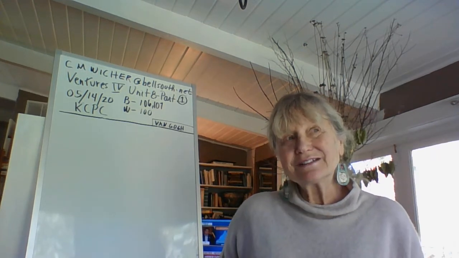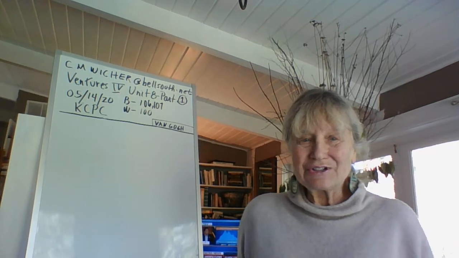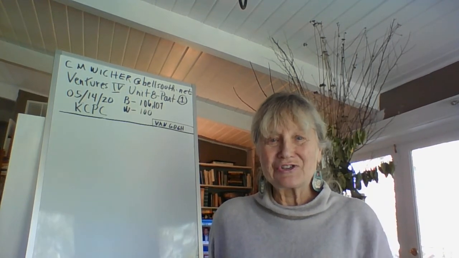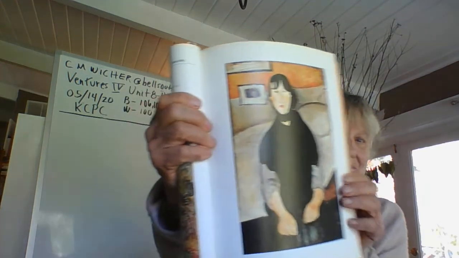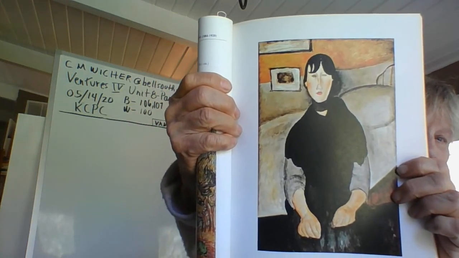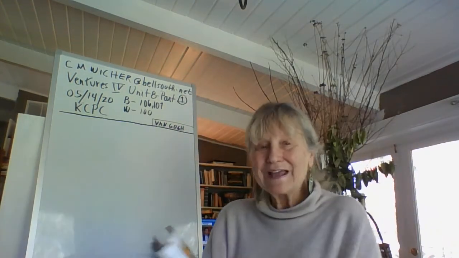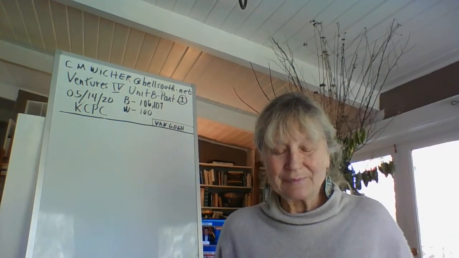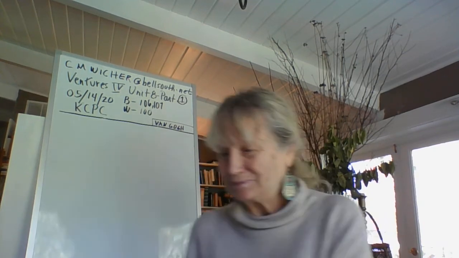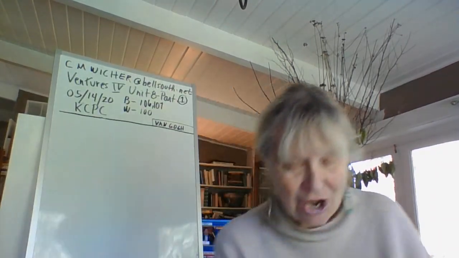So the last picture for this little series of artwork and this project that I'm doing is the next picture that I'm going to show you. Okay, so he was actually an Italian artist. He was both a painter and a sculptor. Let's see how many of you get that.